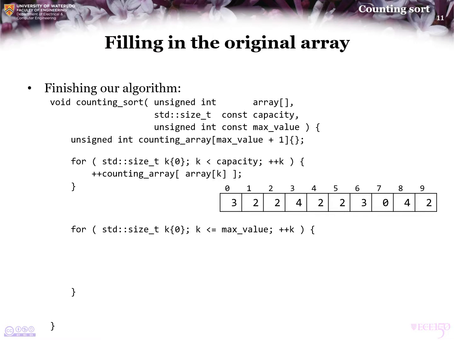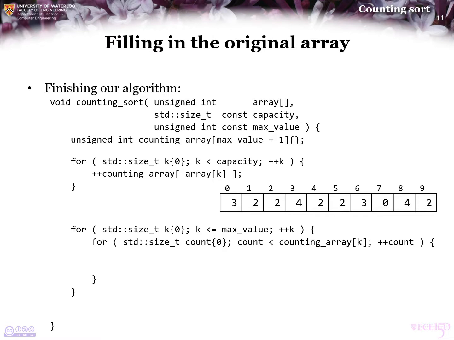Now what we want to do is populate the original array with 3 zeros and then 2 1s. That sounds like another for loop. So we're going to have a for loop that will run as often as there are entries in the corresponding array that we see here.